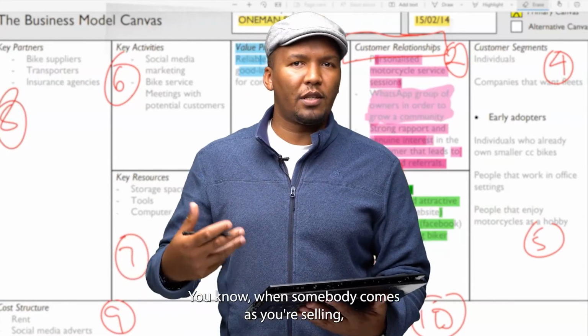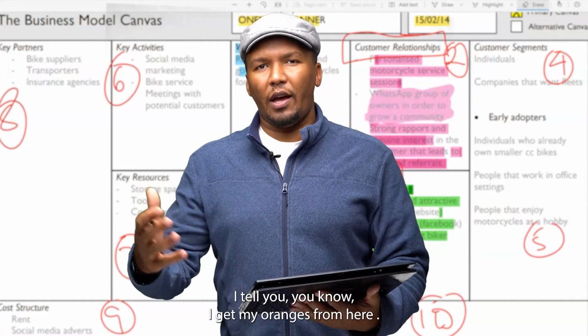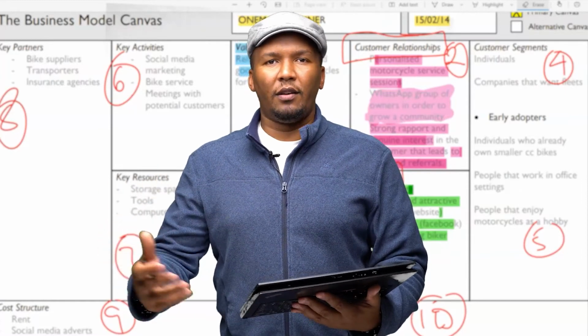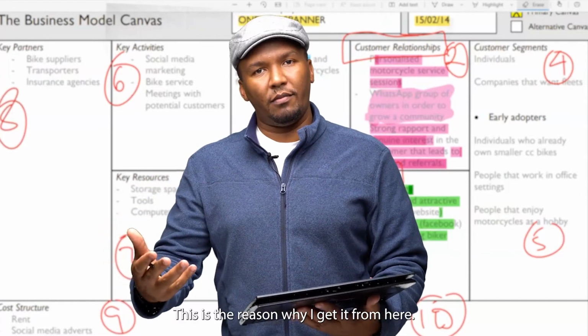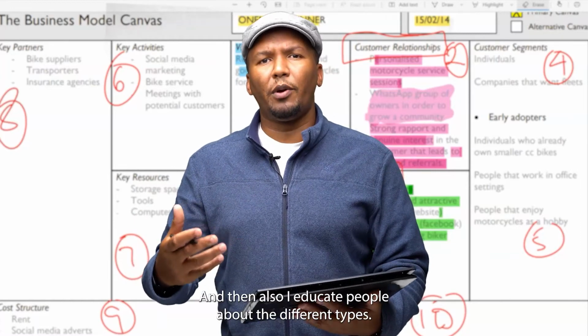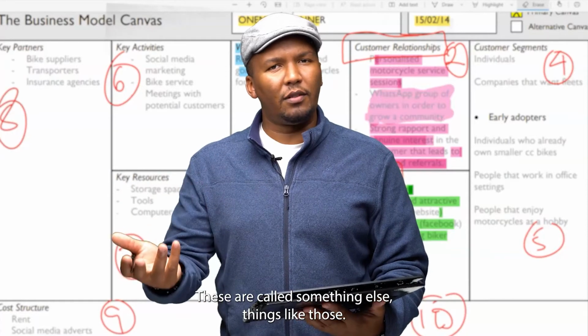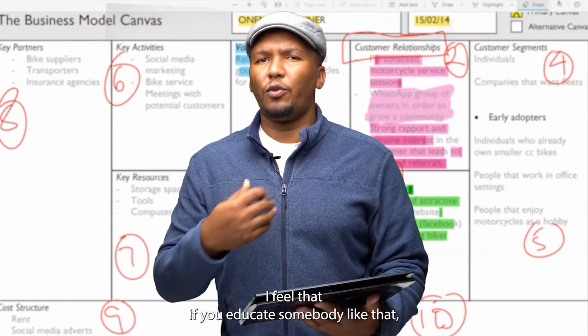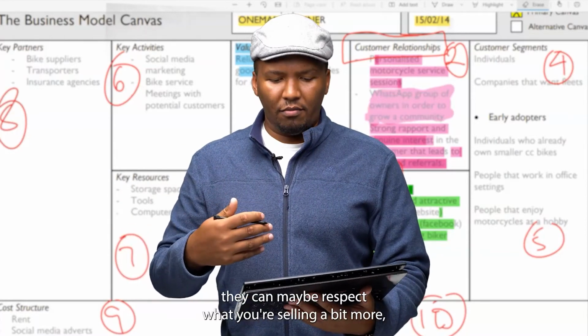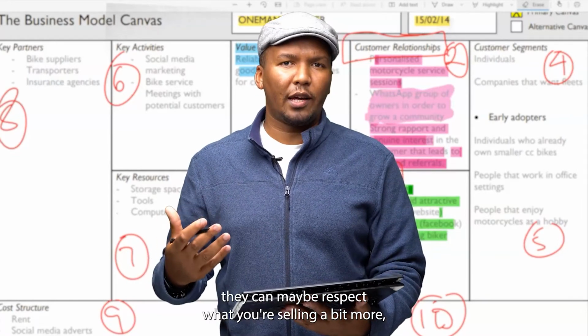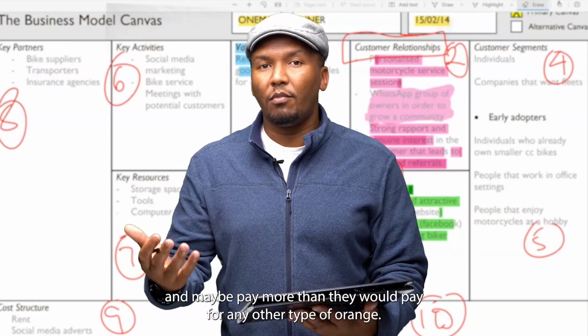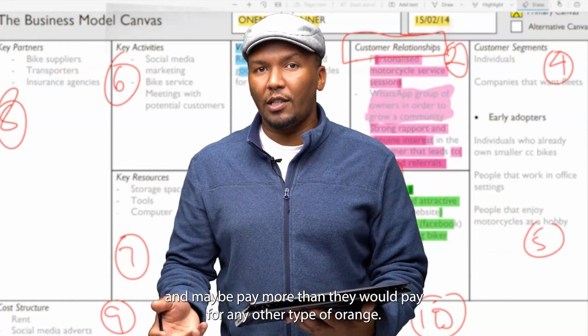When somebody comes as I'm selling, I tell them I get my oranges from here, and this is the reason why. And I also educate people about the different types. These ones are called pixies, these ones are called something else. I feel that if you educate somebody like that, they can respect what you're selling a bit more and even pay more than they would pay for any other type of orange.